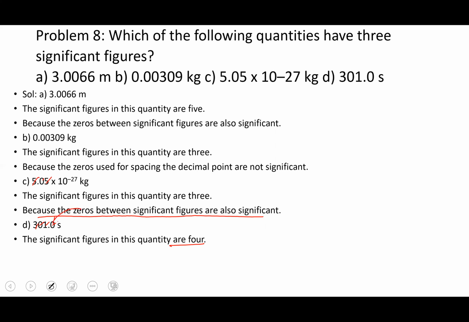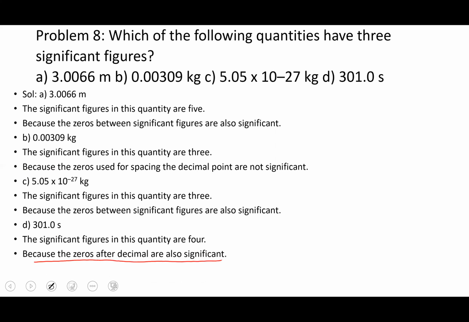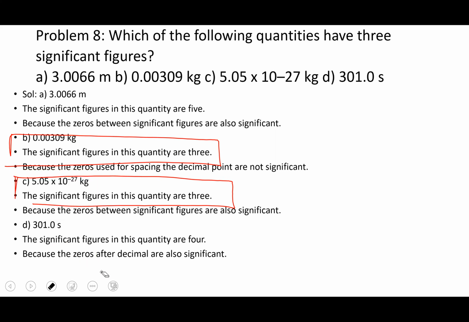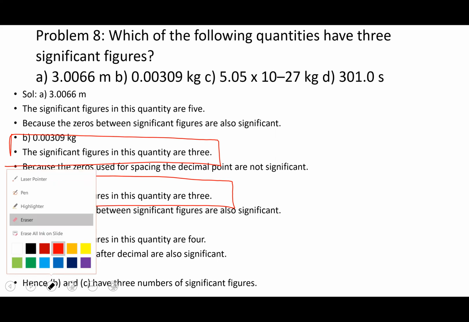So that is also significant because it is on the right hand side, and the 0 after the decimal is also significant. So in this case, option C is significant. Option B was significant, and that's it. There are 2 significant options in this whole scenario. Moving on to our conclusion, options B and C have 3 significant figures in this case.